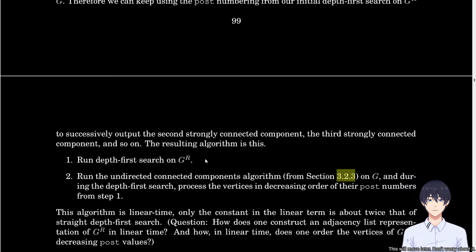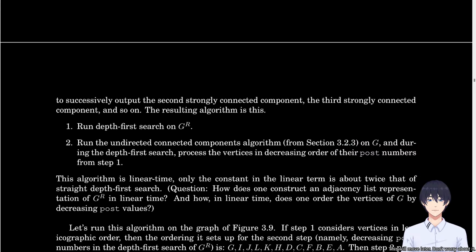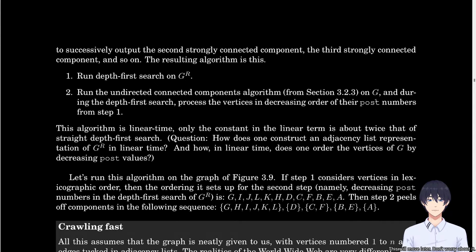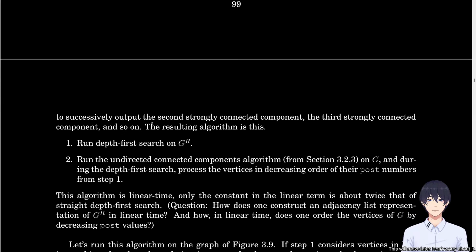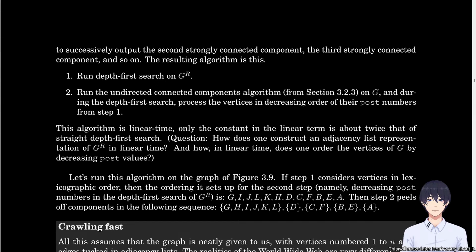After a search on the reverse graph, this will get you a node that must be in a sink, and then run undirected DFS, processing the vertices in decreasing order of their post numbers from step 1. Output the second SCC, the third.